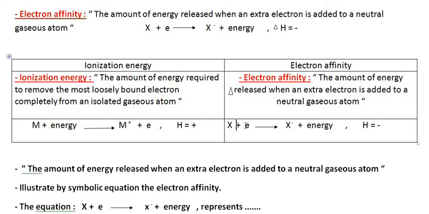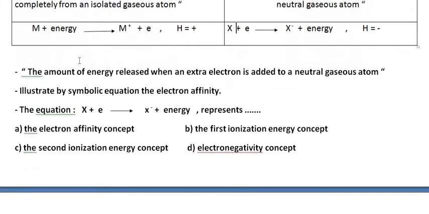Here this is a neutral atom, and an electron is added, so the atom changes into a negative ion, because it has a greater number of electrons than protons. And energy is released from the atom. The atom lost energy, so delta H is negative here. This is the definition of electron affinity.